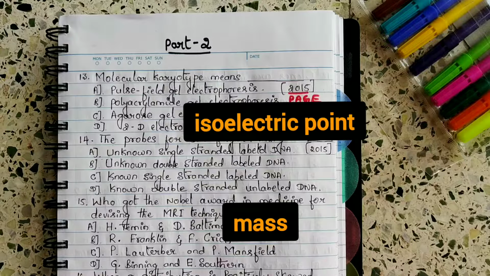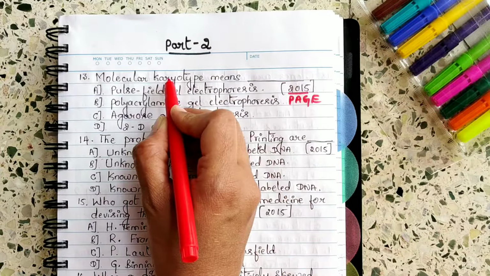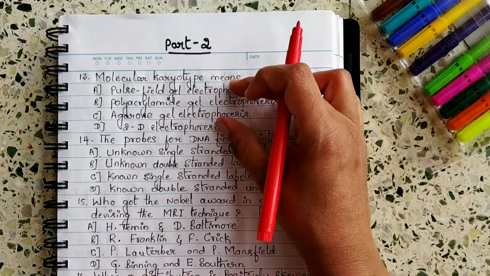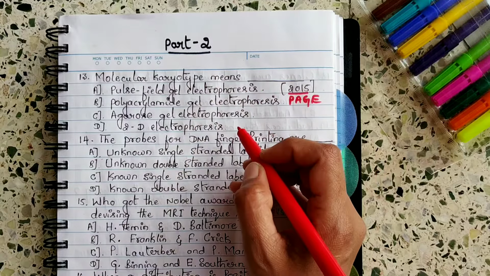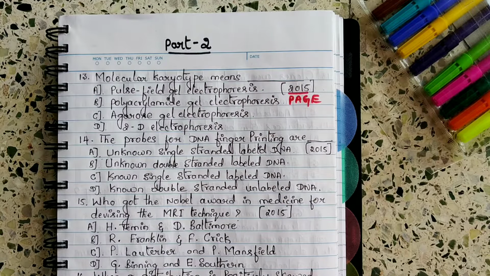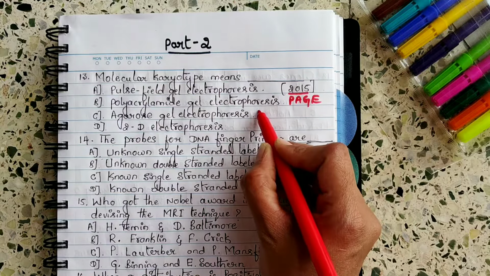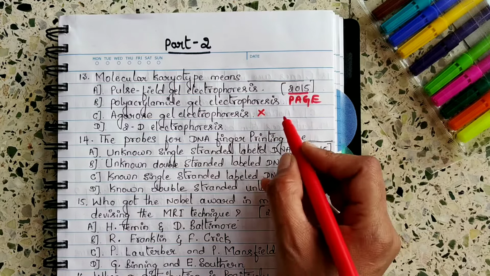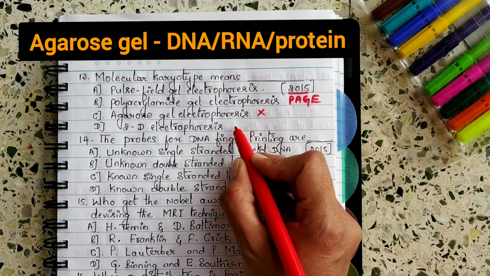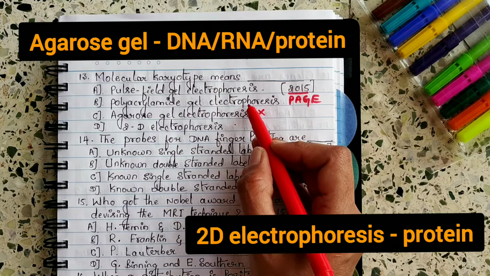So with this small information we get to know a little about all of these. Agarose gel is not particular to anything, since it is used for DNA, RNA, proteins, everything, so it will be the wrong answer. PAGE is especially for proteins, and this one is also for proteins.